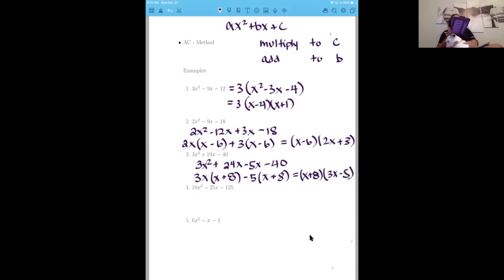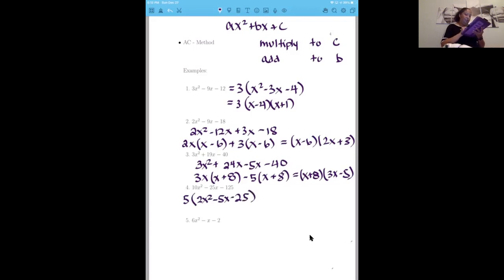The next one, number 4, I have a 5 in common in all of them. So I'm going to start by factoring out a 5, because if I look at AC, look how large that number is. It's 10 times 125, so we have like 1,250. So I get 2x squared minus 5x minus 25. Still going to be pretty large, but not as bad.